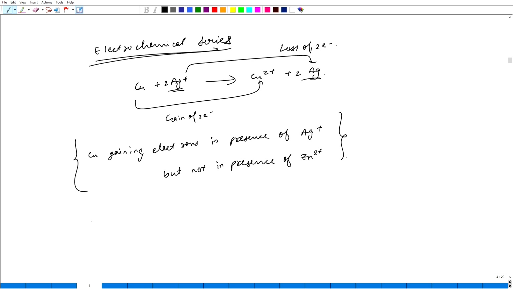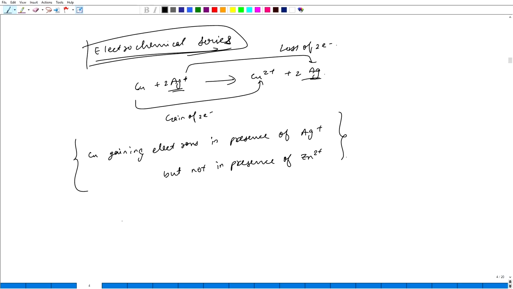So, there is such a series, called the electrochemical series, that tells which element will get oxidized first, that means which element has a tendency to go into positive charge first, which element has less tendency to go into positive charge, or which element has a better tendency to gain electrons or to lose electrons. This series is known as the electrochemical series.